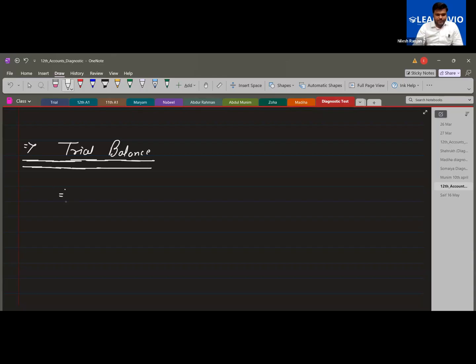Okay. First of all, the assets will be written on the debit side. Now, what do assets include? Cash, stock, opening stock, and then furniture, machine, building, land. All the assets will be on the debit side. Then there are liabilities.